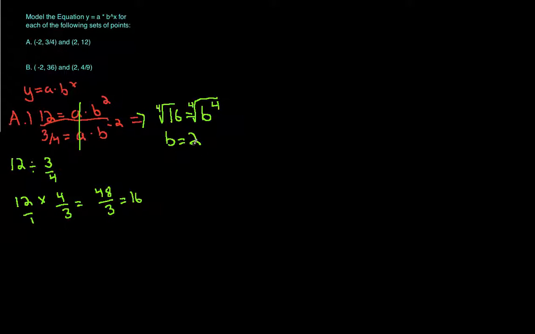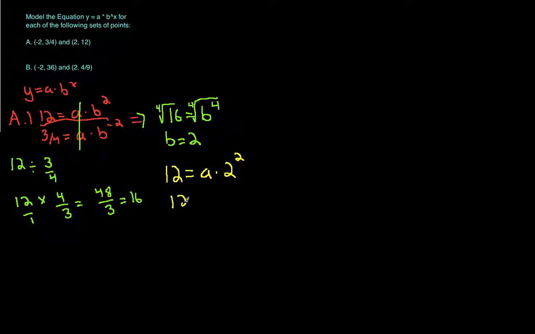Now, once I know b equals 2, I can plug this value of b back into either of the two equations on the left. I'm going to plug it into the top equation because I like to avoid negative exponents. That becomes 12 is equal to a times 2 squared.